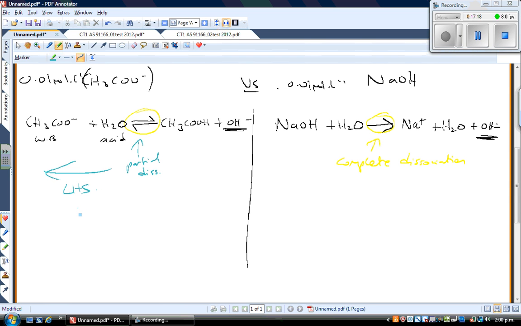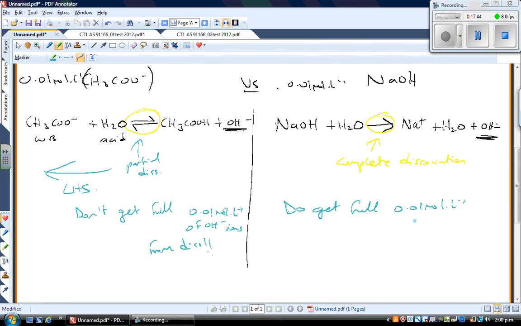And because it's partial dissociation, the equilibrium actually favors the left-hand side. And therefore the one thing you're definite of is you don't get 0.01 moles per liter of your OH minus ions from the dissociation. You don't get that. That much is definite. Whereas you do know over here that you do get the full 0.01 moles per liter of the hydroxide ions, because the sodium hydroxide completely dissociates.